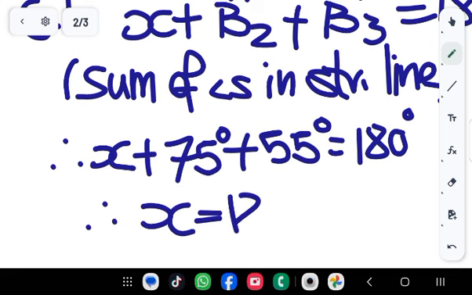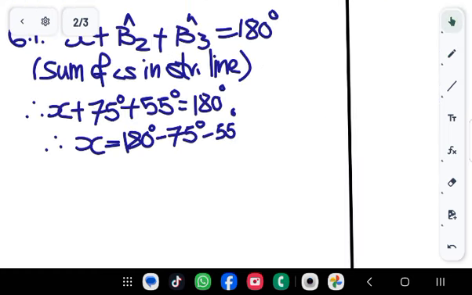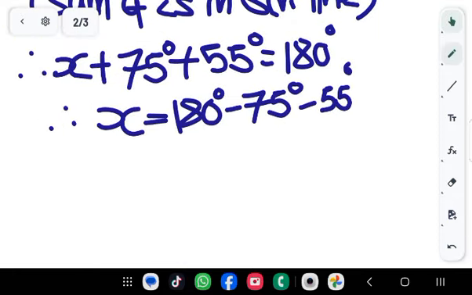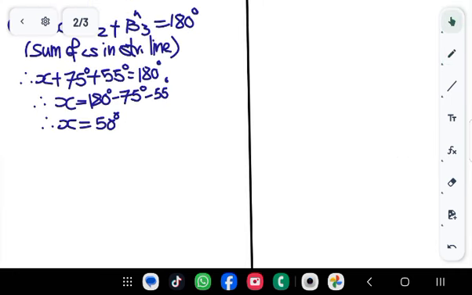So x equals 180 degrees minus 75 minus 55. On a calculator, 180 minus 75 minus 55 gives you 50 degrees. So the size of the angle x equals 50 degrees. And that's how you find the size of that angle.